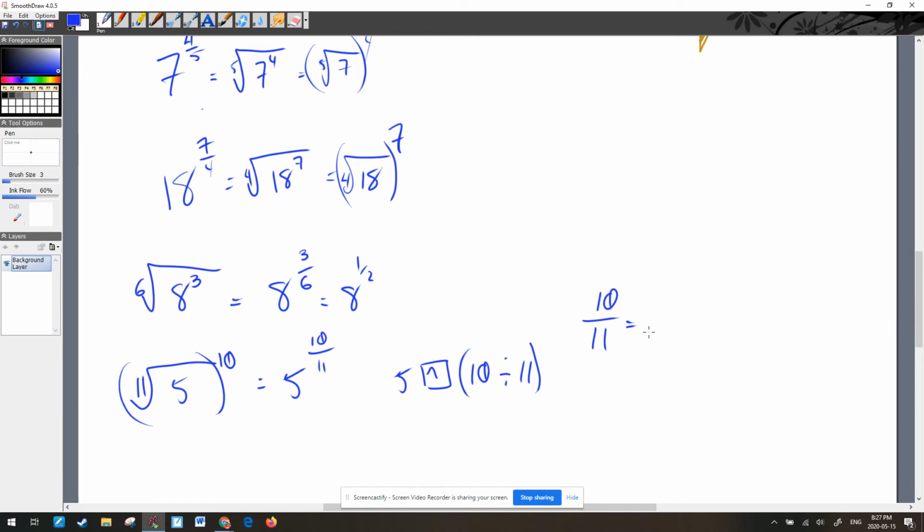So you'd get that decimal, and it would be in your interest to write those decimal places down, and then you would say 5, and then you'd hit your exponent button, so your x to the y, and then you would type in whatever that number was, and you would get the answer. Much easier if you have a 2-line calculator that has brackets, and you type it in like that. Okay, so there we go.